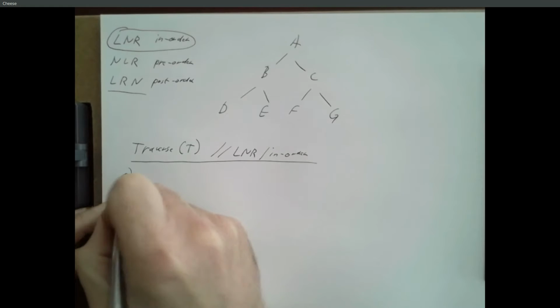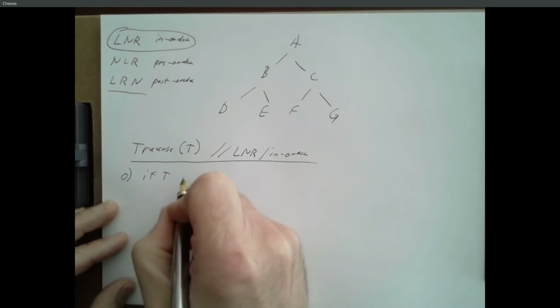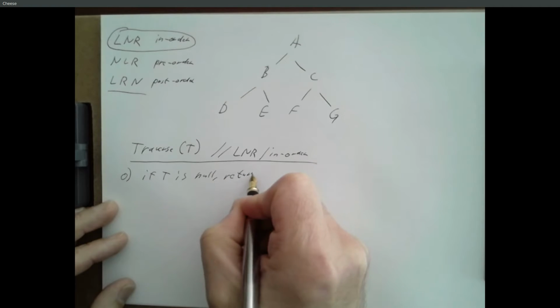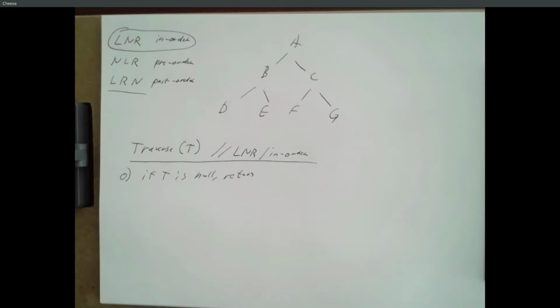The first step: if T is null, just return. If the tree is totally empty, if there are no nodes in the tree, there's nothing to traverse. There's no work to do. So if someone says, hey, traverse this tree for me, we just say, okay, we're done.